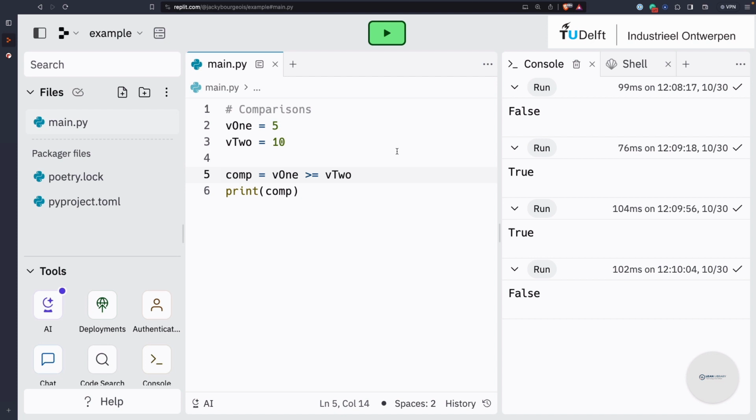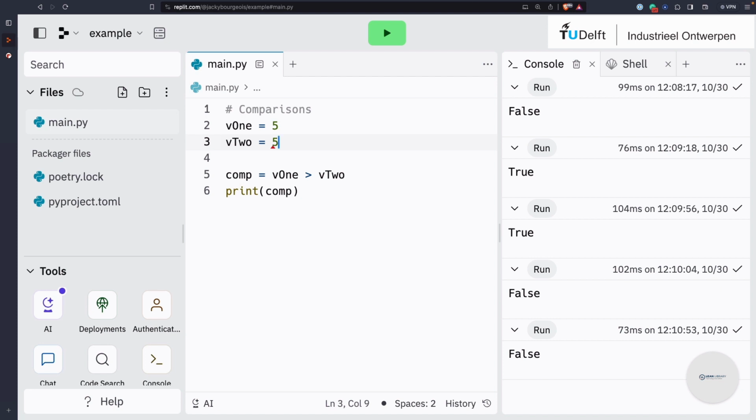What we've been doing with the last examples is asking, is variable 1 less than or equal to variable 2? But what if we just want to know, is it less than? In that case, we use less than or greater than. With two very distinct numbers, it's going to be the same result.